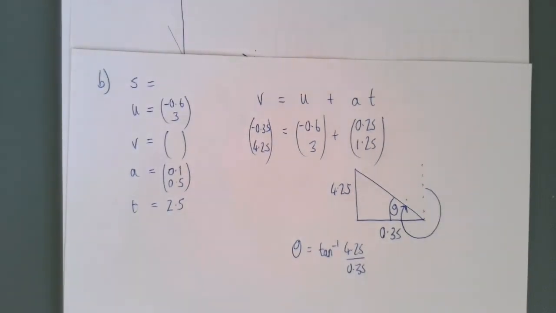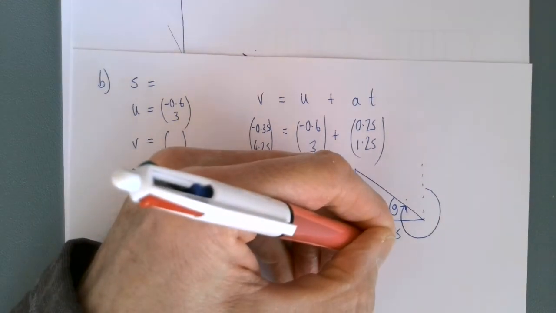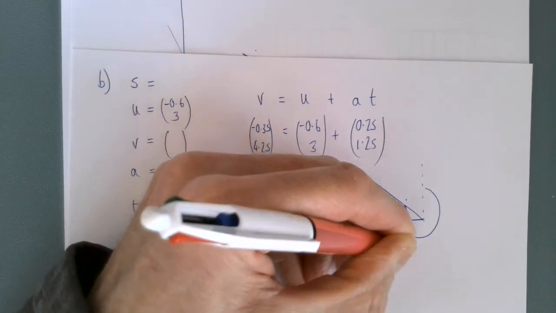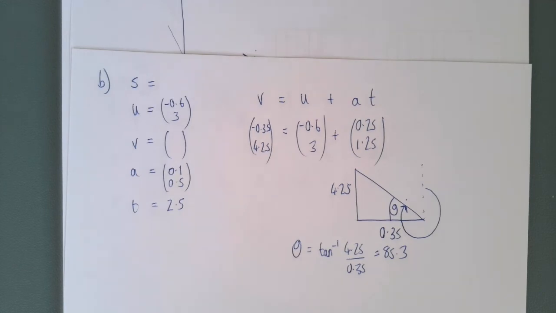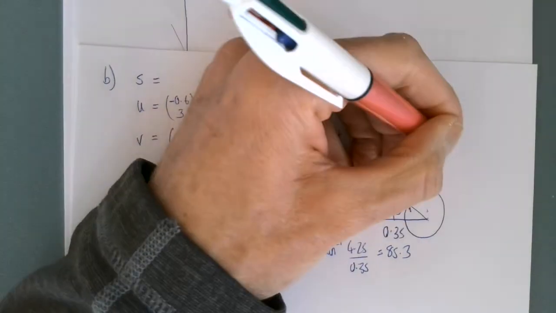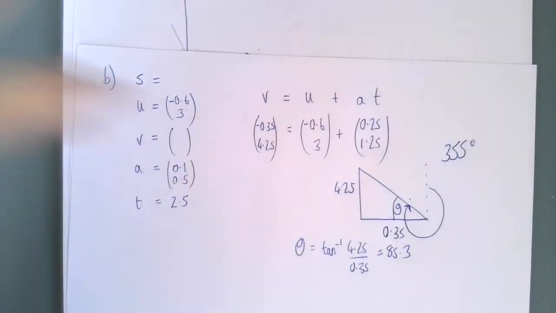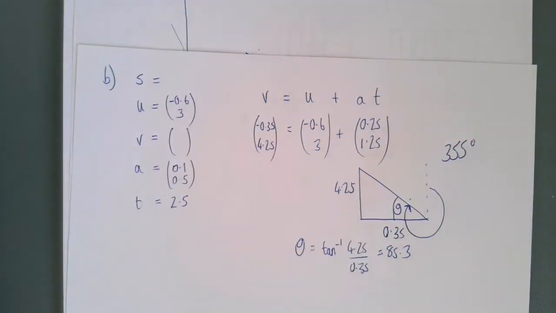Okay, so shift tan of 1.25 over 0.25. So it gives me 85.29 or 85.3. So if I add 270 to that, that gives me the bearing, which is 355 degrees, which is the direction it is travelling after 2.5 seconds.